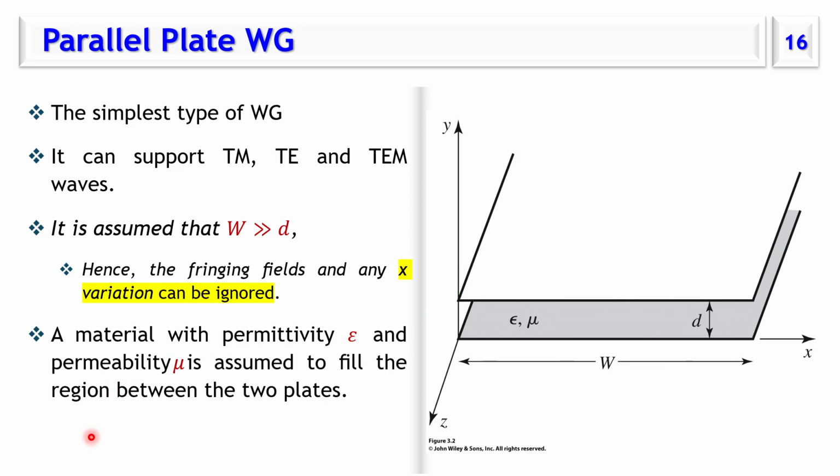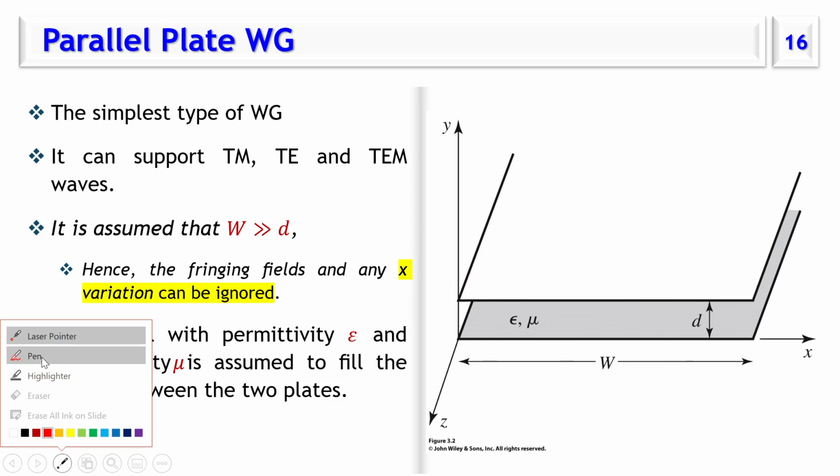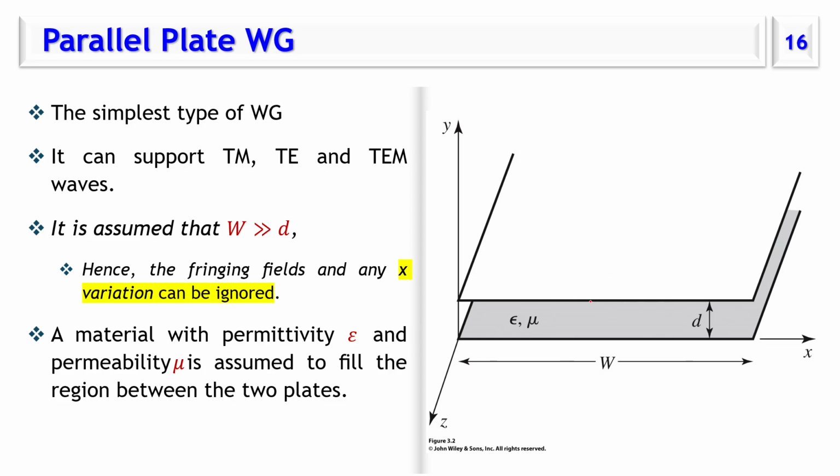So on the top side, we have the electric field going from V naught to 0 like this, very similar to the case of a capacitor.